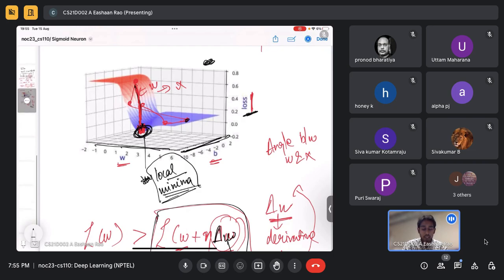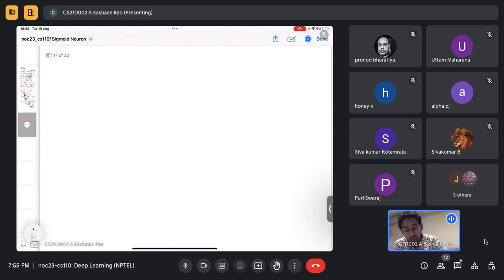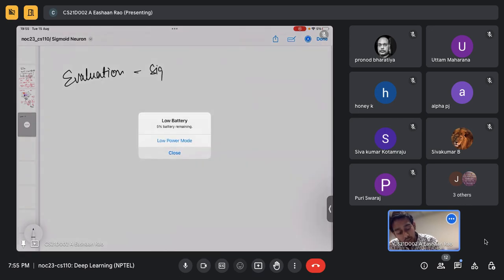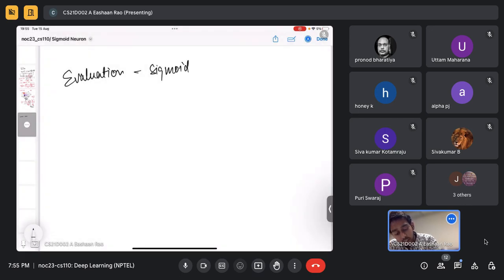So I hope you get the understanding of the learning function here. The only part remaining is how you evaluate a sigmoid neuron. For classification you will use accuracy, which is pretty evident by this time.